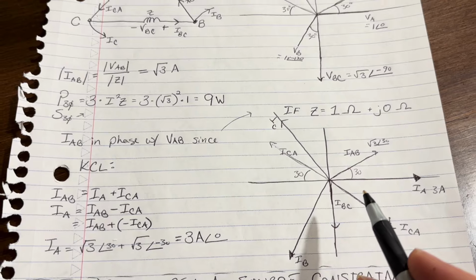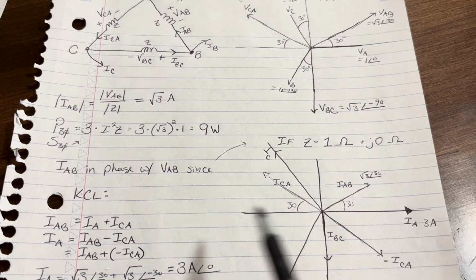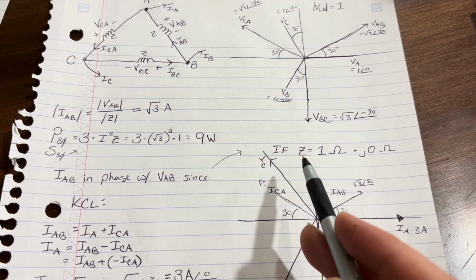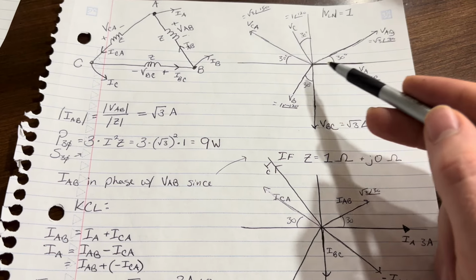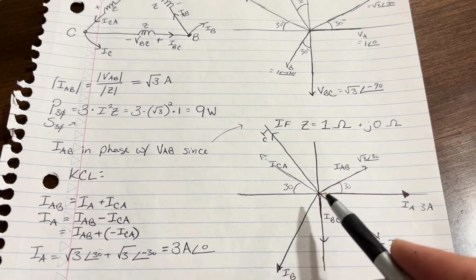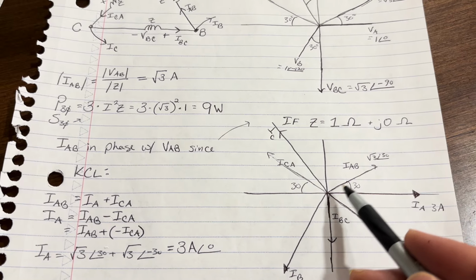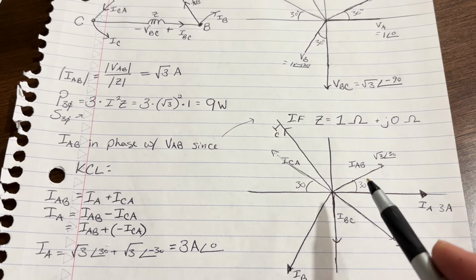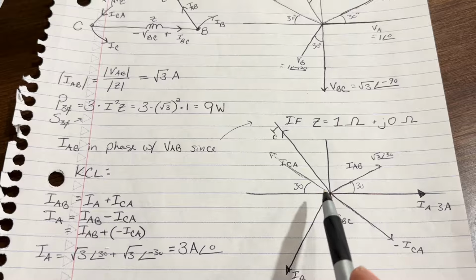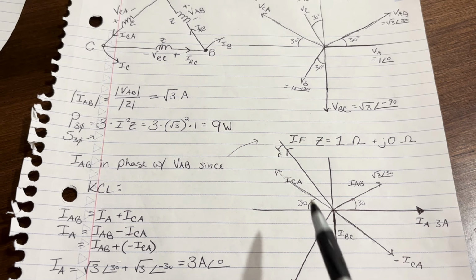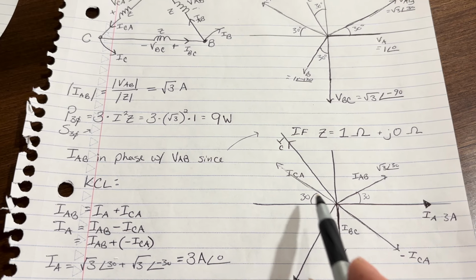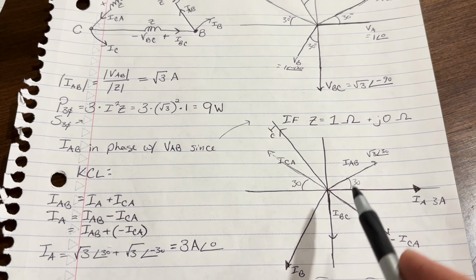Well, you already know IAB is in phase with VAB because we've defined our impedance here to be purely resistive. So VAB is at an angle of 30. IAB, we don't know the magnitude yet, but we know it's at an angle of 30. We know ICA will be 120 from there if we're doing positive sequence. So the opposite of ICA will be at minus 30.